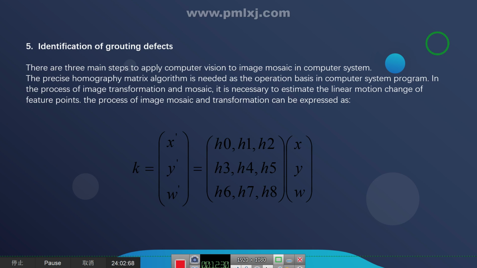In the process of image transformation and mosaic, it is necessary to estimate the linear motion change of feature points. The process of image mosaic and transformation can be expressed as follows.